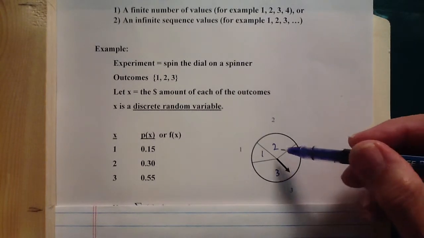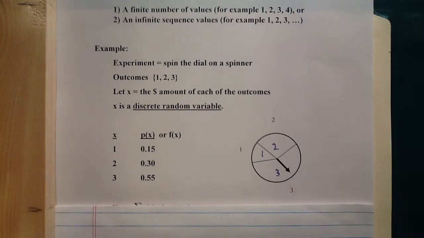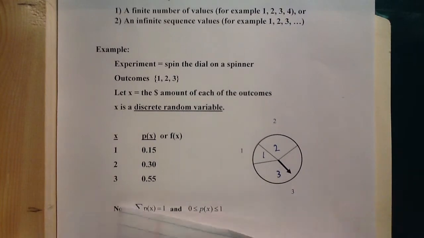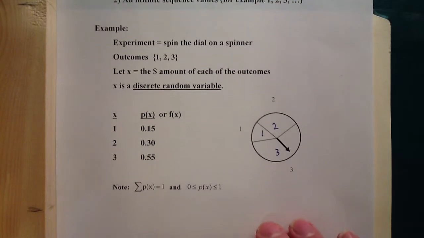This could be shown by the different amount of area on the spinner. Okay, so that's what the spinner looks like, and now we're going to take a look at something that's called the expected value.